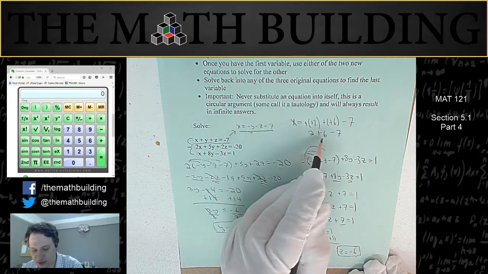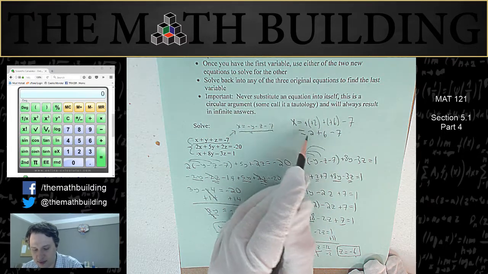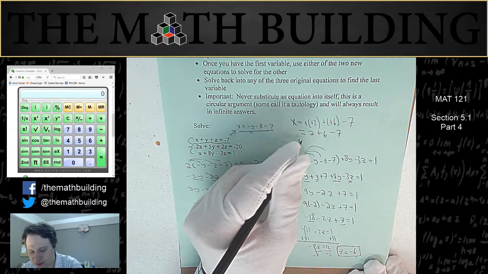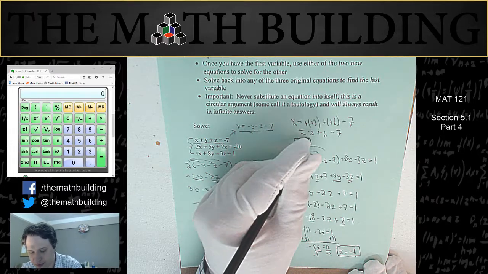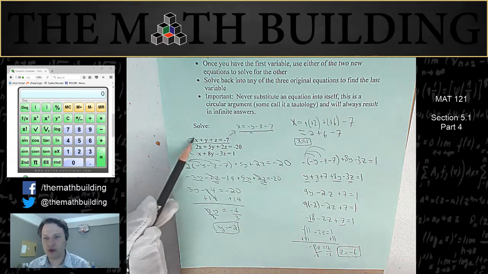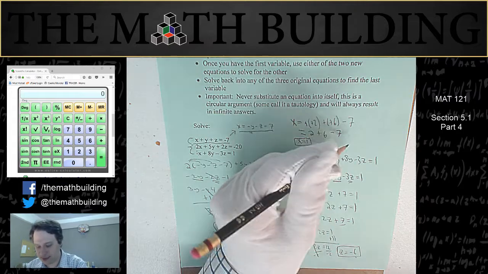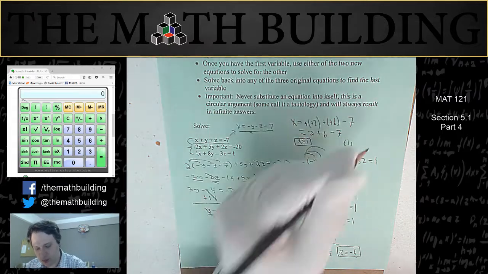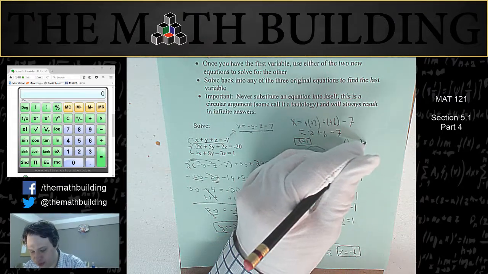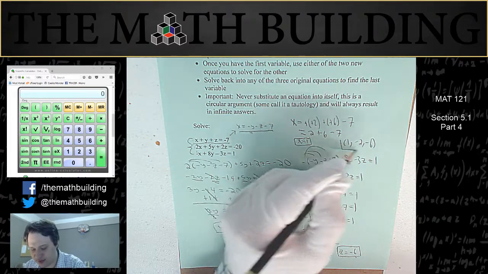Minus 7, so 2 plus 6 is 8. Minus 7 is x equals 1. So the only point where these three planes intersect each other in three-dimensional space is the point x equals 1, y equals negative 2, z equals negative 6.